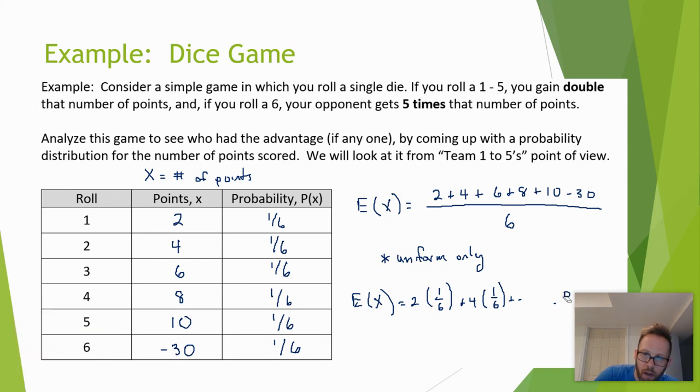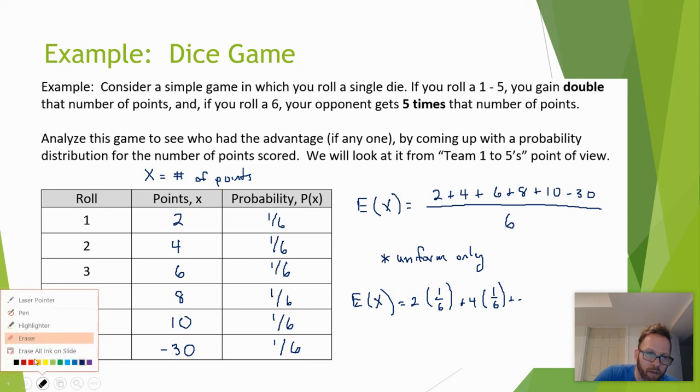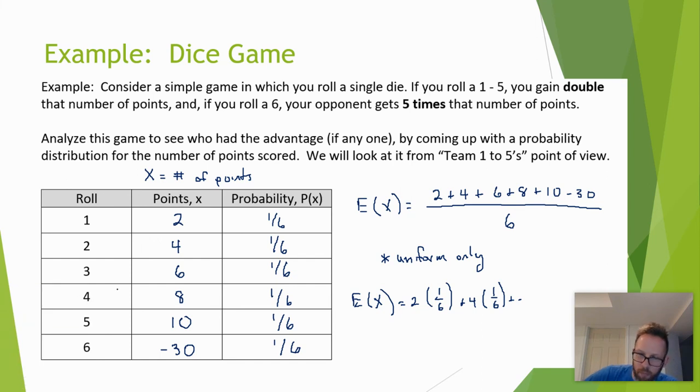I'll take a moment to erase that. Yeah, as I said, we're just shooting from my basement here. We're not going to edit videos or pause for little things like that. So negative 30 times 1 out of 6. But you get the same value either way.